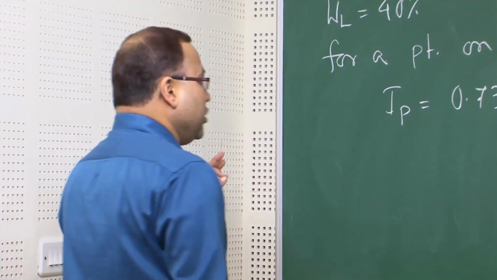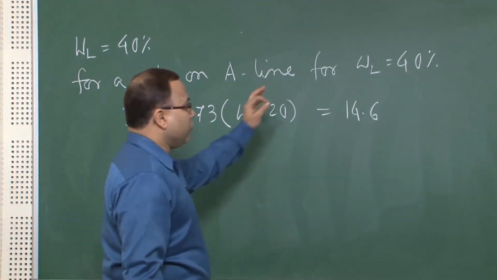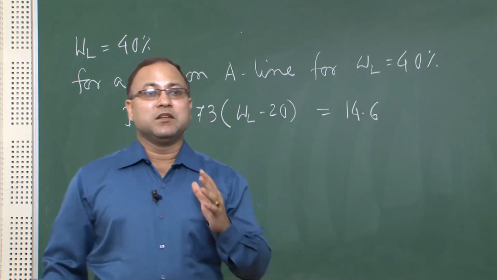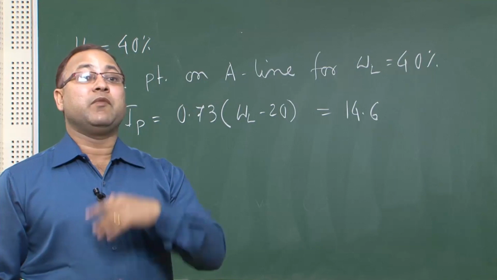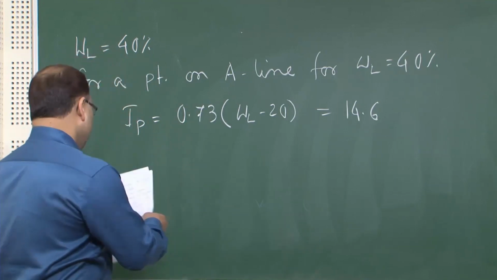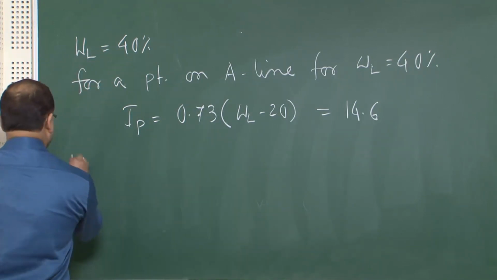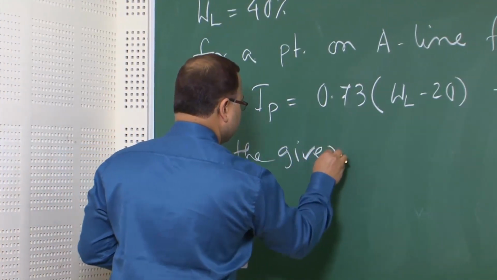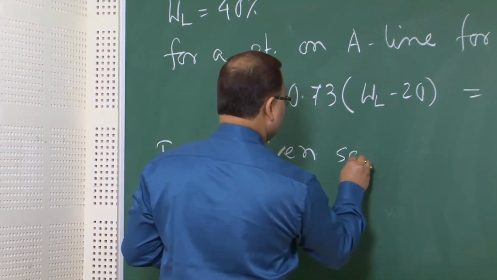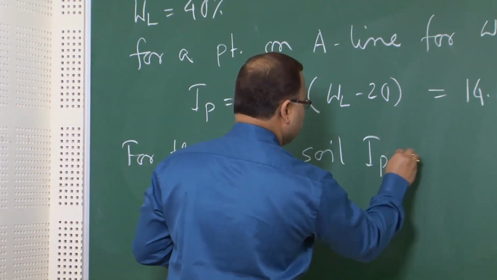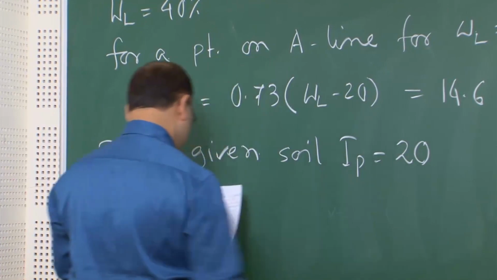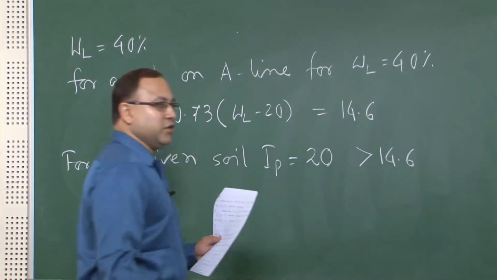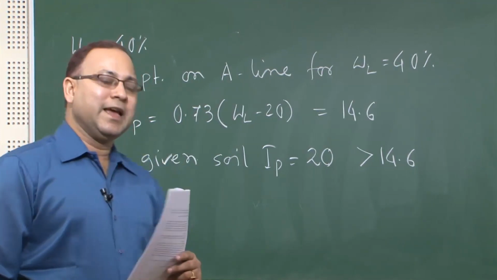But in your problem, what is given? Your liquid limit is 40%, but IP is 20. That means the point is lying above the A line. Am I right? For the given soil, your IP is 20, which is greater than 14.6. So, the point will not lie on A line.